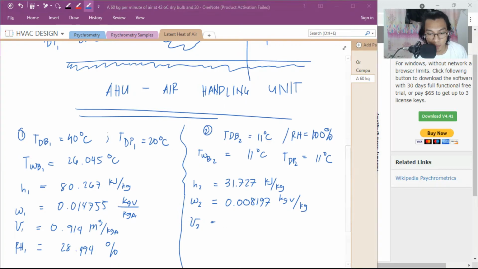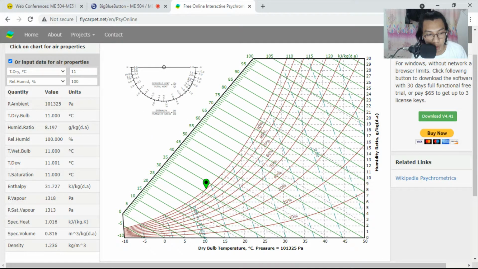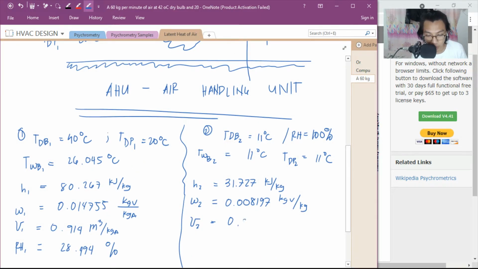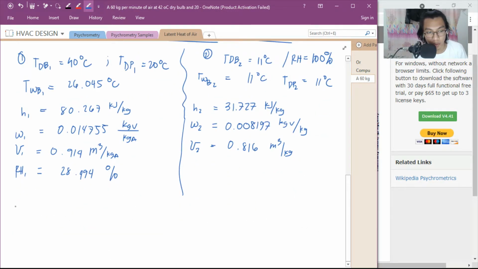How about specific volume? Specific volume is 0.816 meter cube per kilogram. Okay, that's it. So, you have all the values for point 1 and point 2.